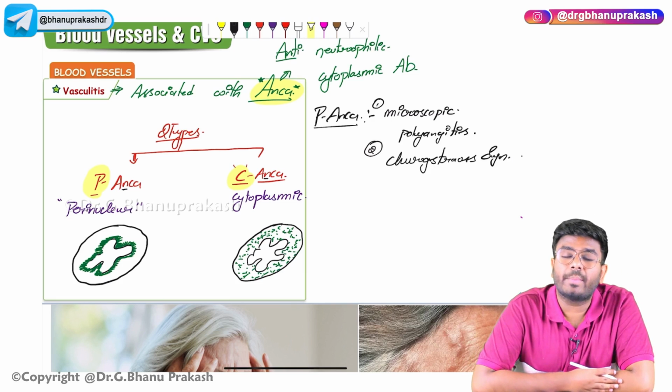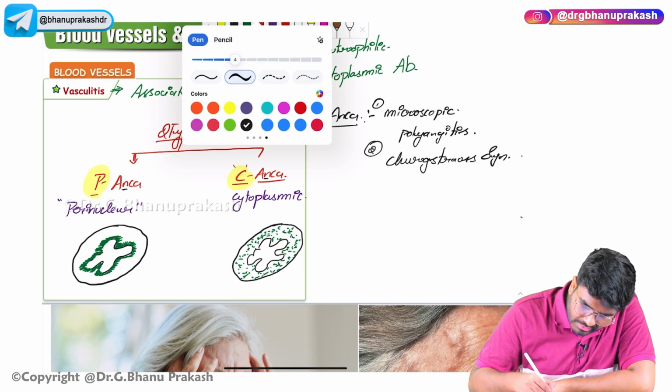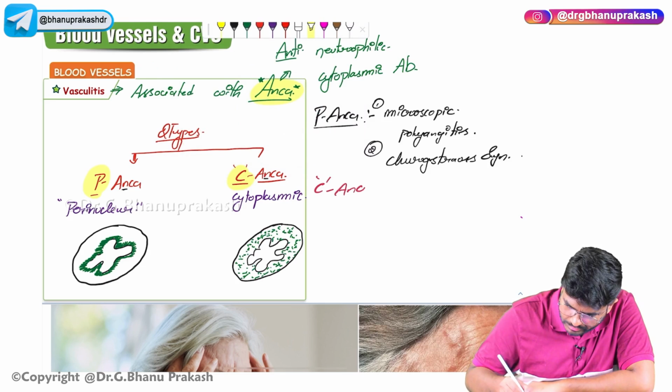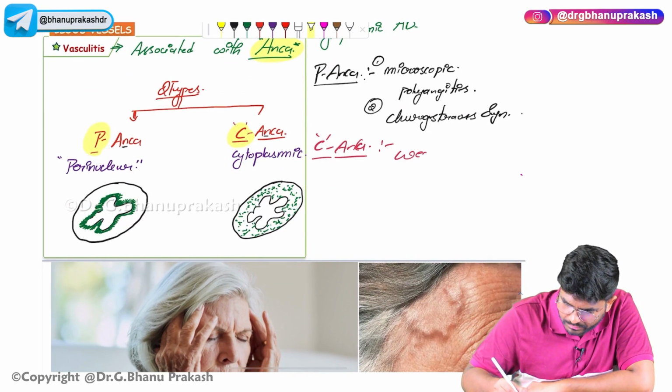Remember, both microscopic polyangiitis and Churg-Strauss come under small vessel vasculitis. And the next one is C ANCA. This is something very important for your exam. C ANCA is seen in one condition, Wegener's granulomatosis.